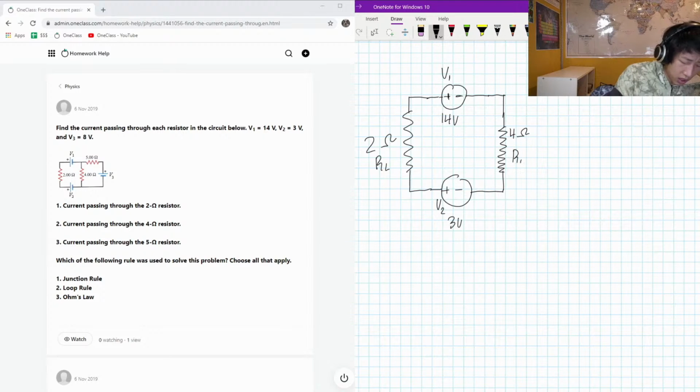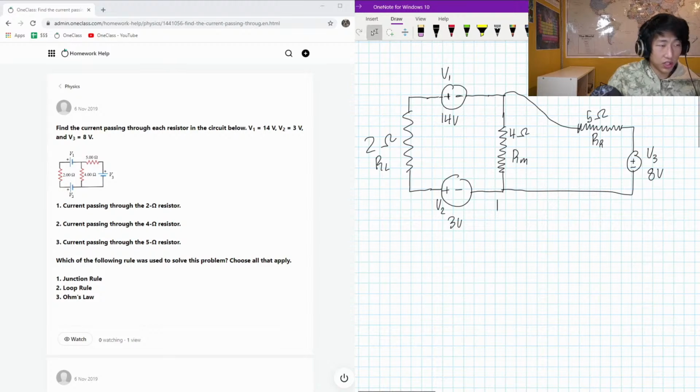Let's call this Rm for the middle resistor. And over here, because I know my camera is just right there, this will be 5 ohms. Let's call this Rr for the right side resistor. And here we have a plus minus. This will be the third voltage source, which has a voltage of 8 volts.